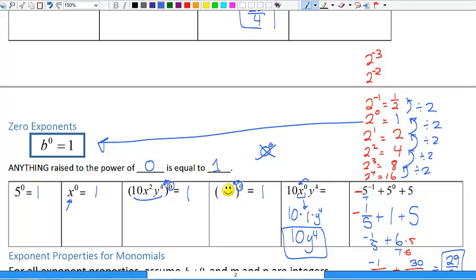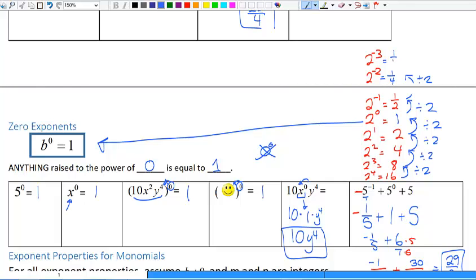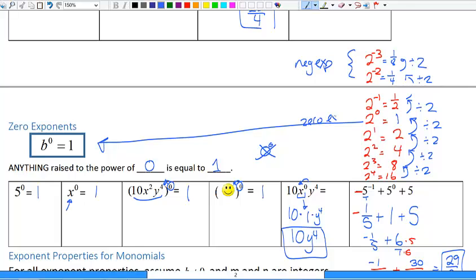Then if I take a half and divide it by 2, that's a fourth. Yep, that's 1 over 2 squared, which is a fourth, and the next one will be 1/8. Again, divide by 2. So this pattern works for both negative exponents and zero exponents. It's not that I just made up this rule that anything to the 0 equals 1. It truly does make sense in the pattern.